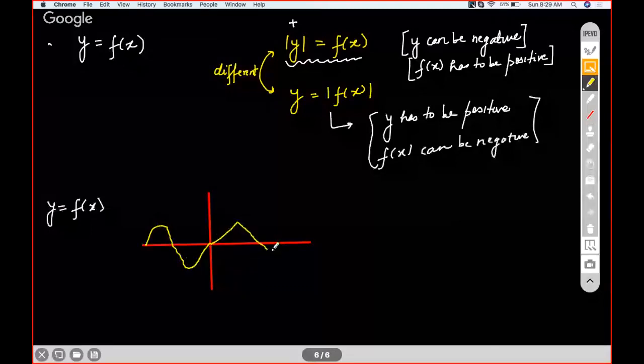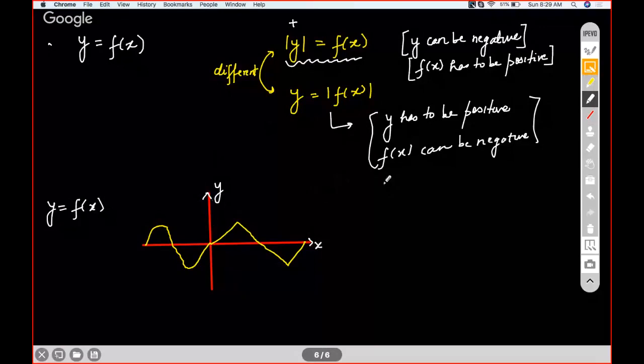Just a hypothetical graph I've made up on my own. Now I want to know what I can do to get the graph of mod y equal to f of x. How would the graph of this be?